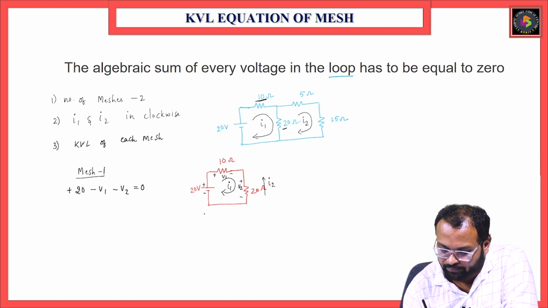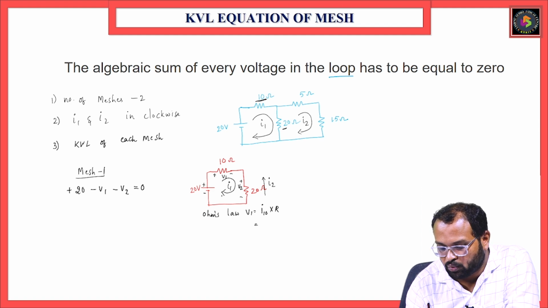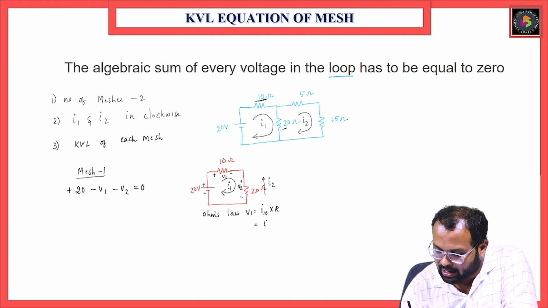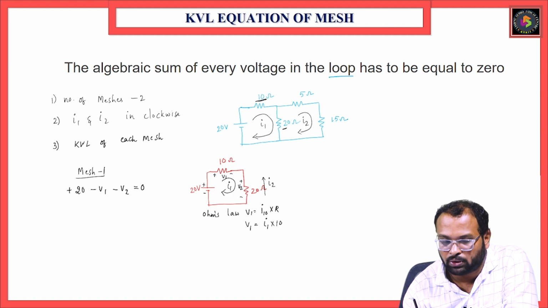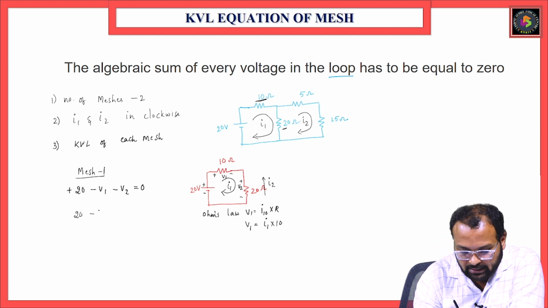According to Ohm's law, V1 is equal to the current through 10 ohms times R. R means that is 10 ohms. So what is the current through 10 ohms? Only I1. So V1 is equal to 10 into I1. So I am writing here, 20 minus 10 into I1.